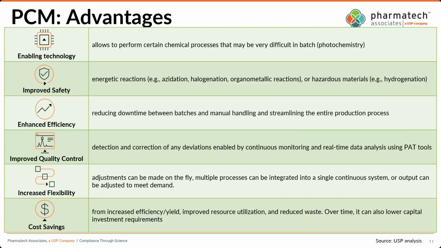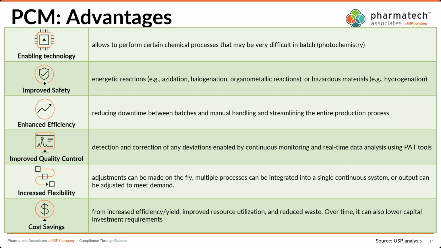Now, we know that there are numerous benefits of continuous manufacturing, but here are some of the most prominent advantages that set apart continuous manufacturing from traditional batch manufacturing. For example, continuous manufacturing is also an enabling technology. As you know, enabling technology is nothing but the technologies, innovations, or techniques that basically enhance various processes of the system.